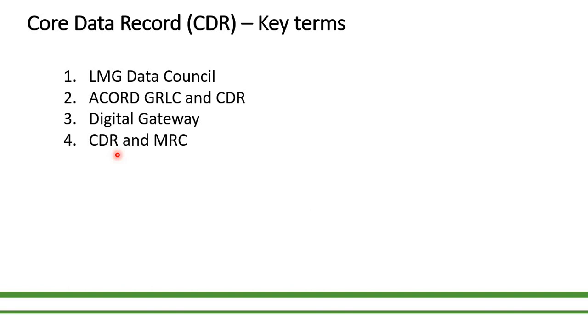CDR version 3.0 was published in March last year, 2022. CDR version 3.1.1 has now been published in February, this current month. CDR version 3.1.1 reflects the ongoing work with Accord and changes made in the Market Reform Contract version 3.